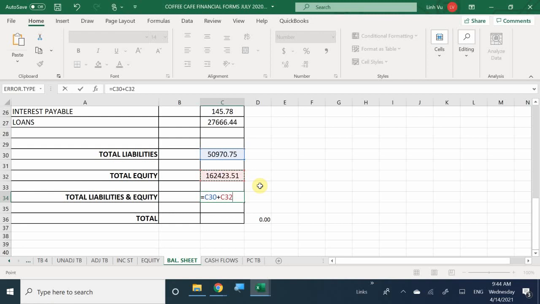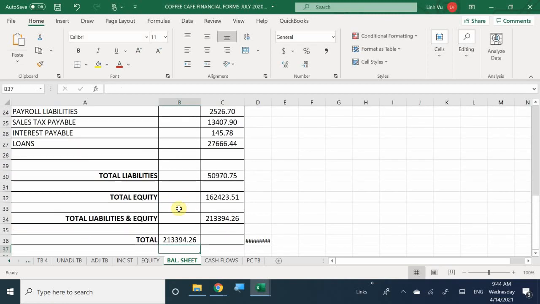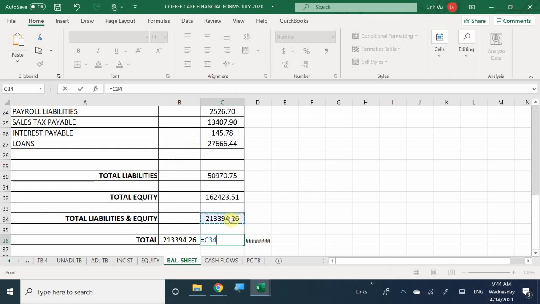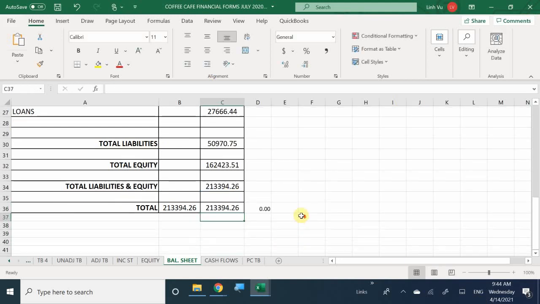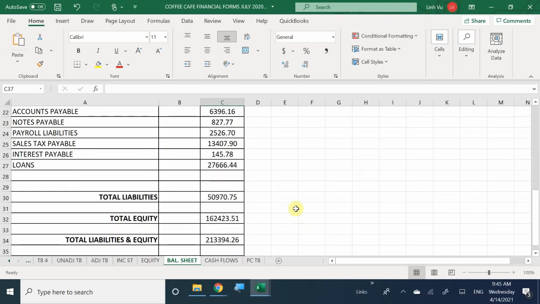Okay, so what is my total liabilities and equity? 394.26. Okay, and then I'm gonna just double confirm. I'm gonna pull my total assets down here and compare them to my liabilities and equity, and are they zeroed? Yes. Success. Our accounting equation holds true. So once again, our total assets equals our total liabilities plus our new equity.